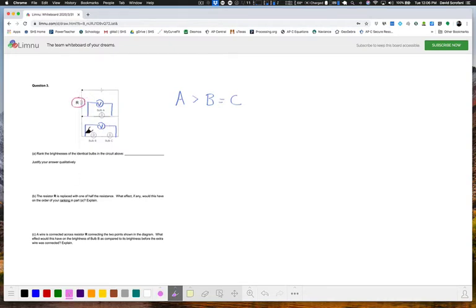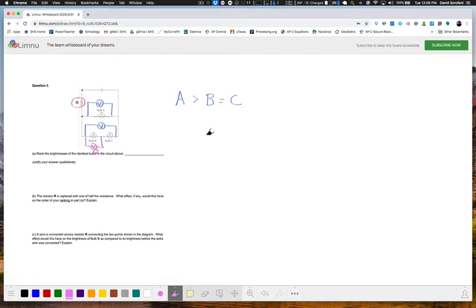But whatever the voltage drop is across bulb A, it has to be the same as across the combination of bulbs B and C. Since the bulbs are identical, each of these bulbs has a voltage drop of half of this entire one. So this would simply be called V over 2, and similarly for the other one.